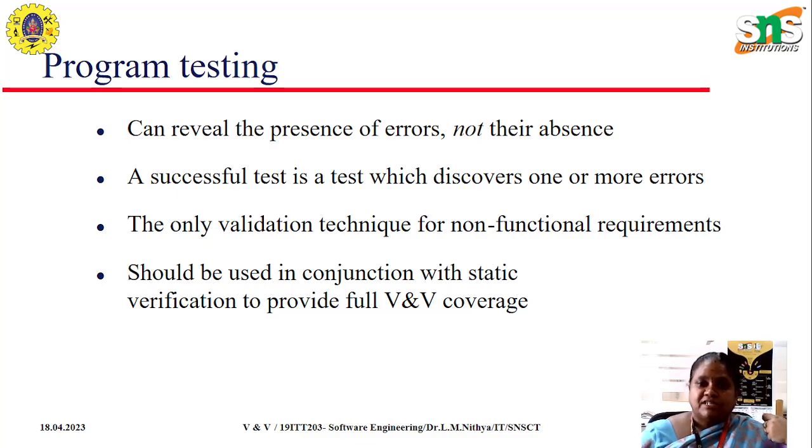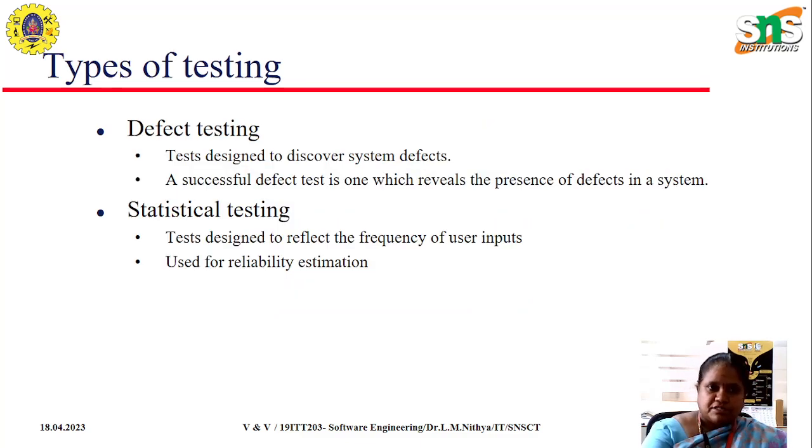It means that our testing is not qualitative, it is not good enough to identify the errors. The only validation technique for non-functional requirements is program testing. So it should be used in conjunction with static verification to provide full verification and validation coverage. So you should do your testing and also your verification and validation process.